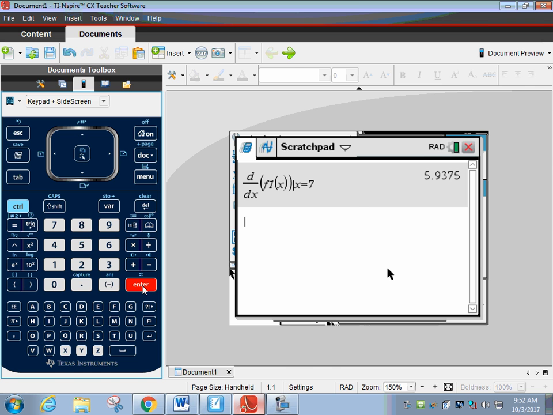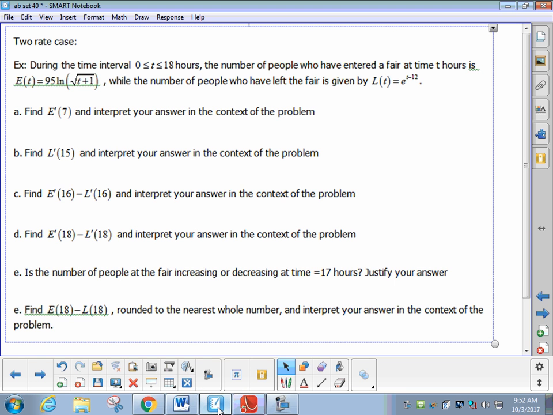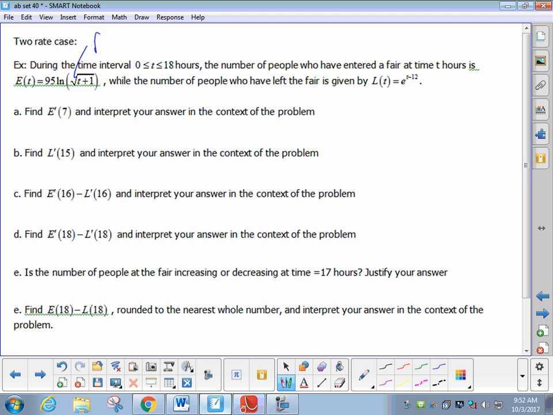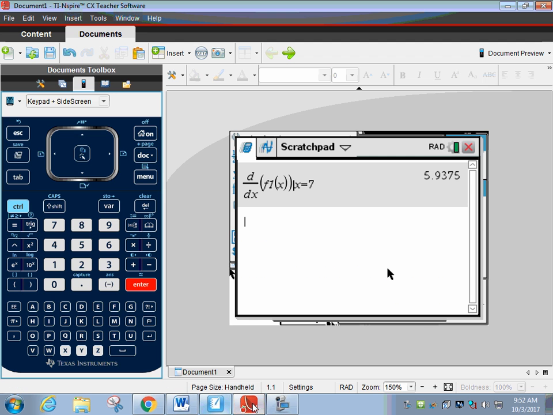F1 is E. Especially on the AP test, I might say, hey, this is E, and this is function 1 and function 2, so you remember. That's for your benefit only. Don't use calculator speak in your work for the reader. So E prime at 7 is approximately, or actually equal to, I believe, 5.9375.